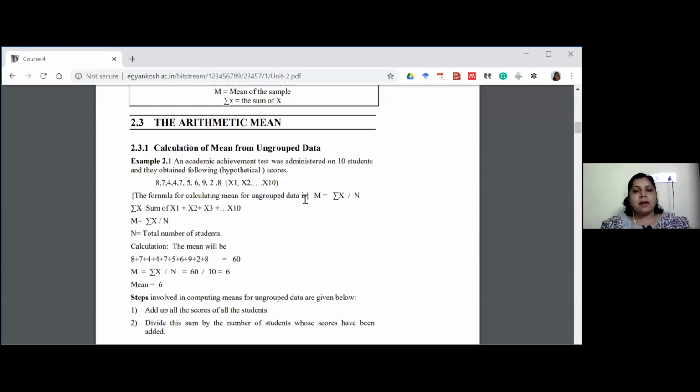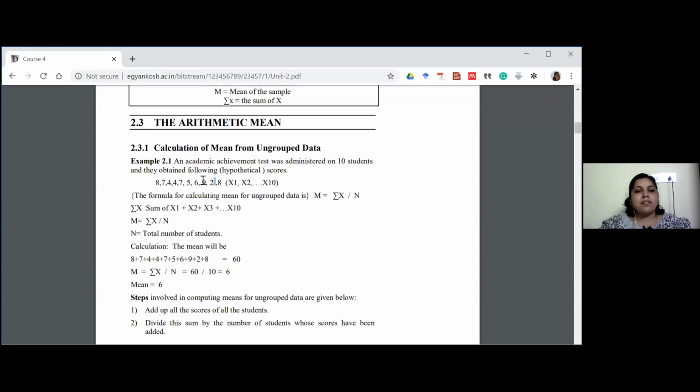You have to add all the values together. The formula is mean, arithmetic mean, equals sigma X, the sum of X, divided by the number of values. Sum of X is 8 plus 7 plus 4 plus 4 plus 7 plus 5 plus 6 plus 9 plus 2 plus 8.